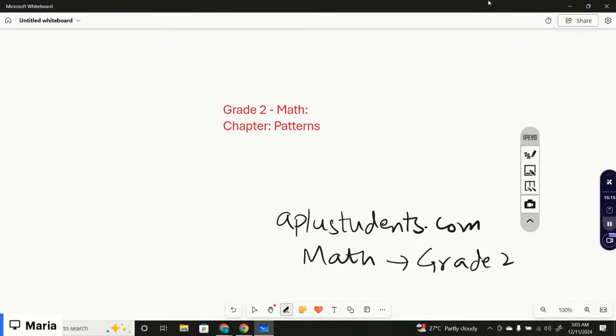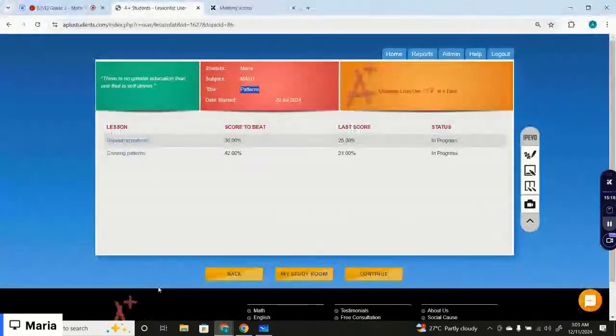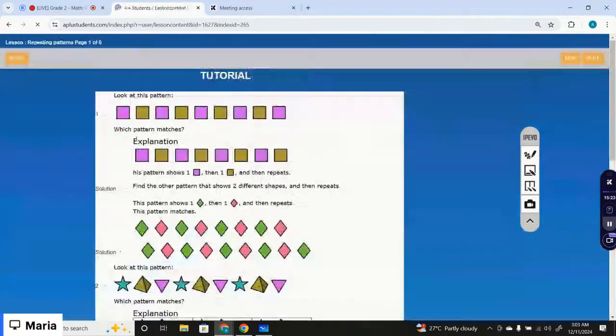So here I'm on grade 2 math. The chapter we're going to start with is patterns. Let's just start with the first lesson, that is repeating patterns.